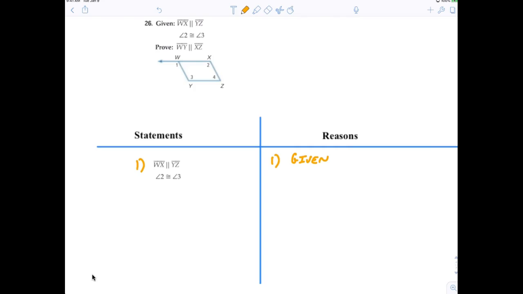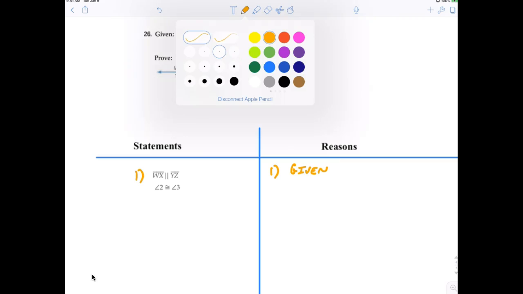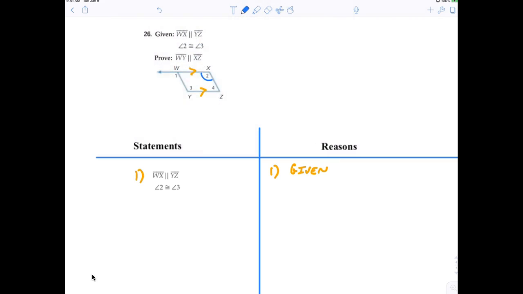Now I like to mark the figure. WX is parallel to YZ, and then it says angle 2 is congruent to angle 3. Everybody agreeing with me on that? And I'm trying to prove that the others are parallel.